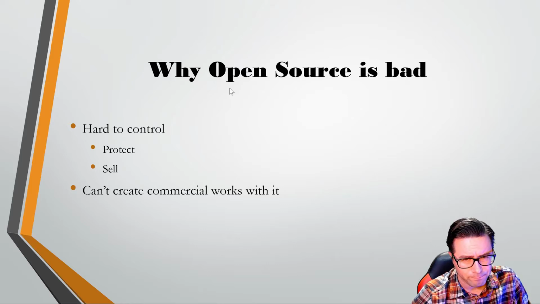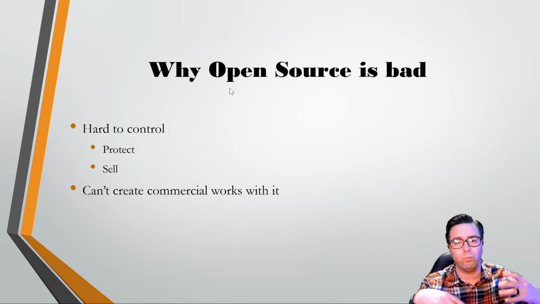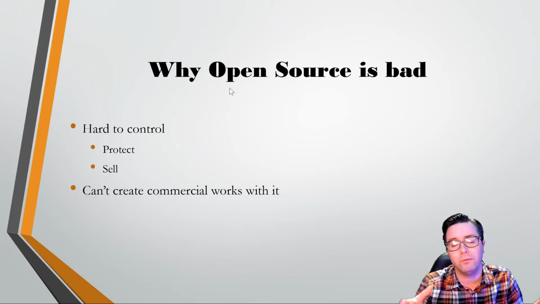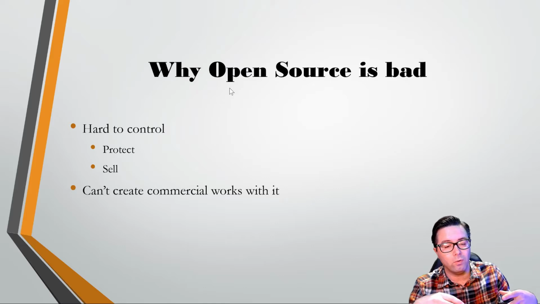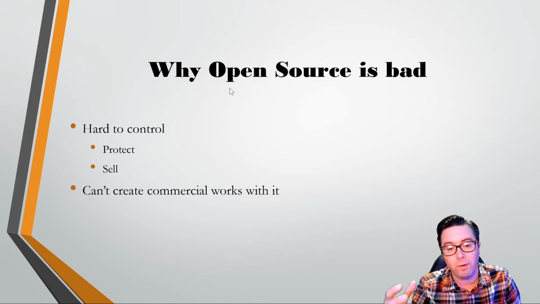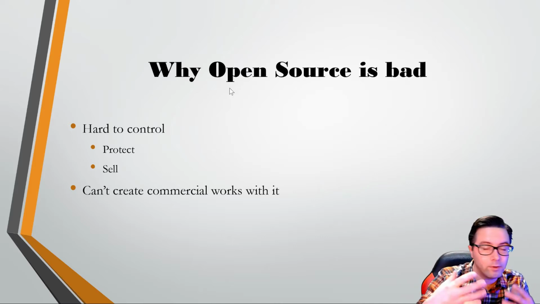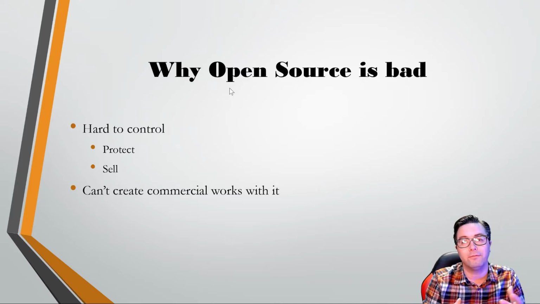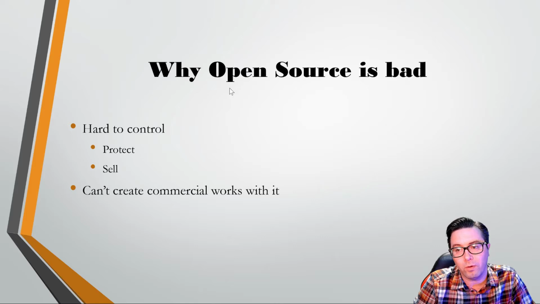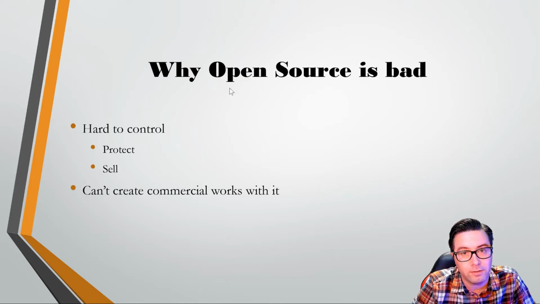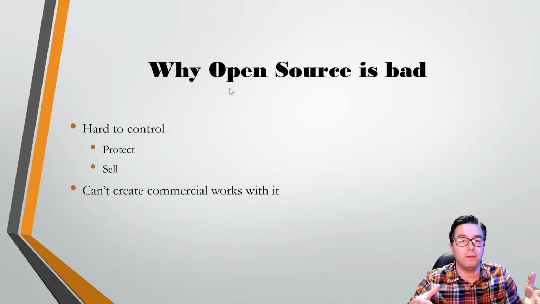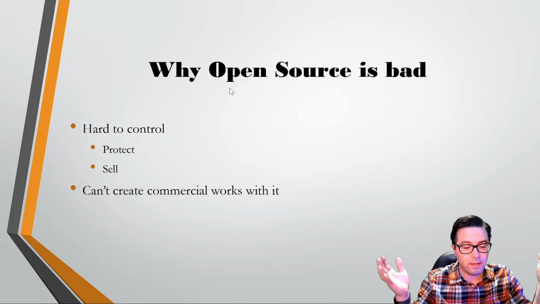But in general, why a company might not start with open source is because, like I said, it's hard to protect. People may try to rip it off. They might not want to cite where they got it from, whatever the contract says or the EULA. People could violate it, and it makes it very hard to see how they violate it. With proprietary, it's pretty easy.